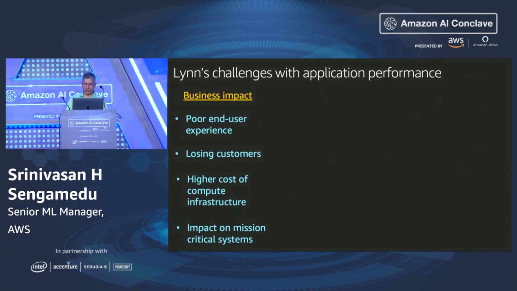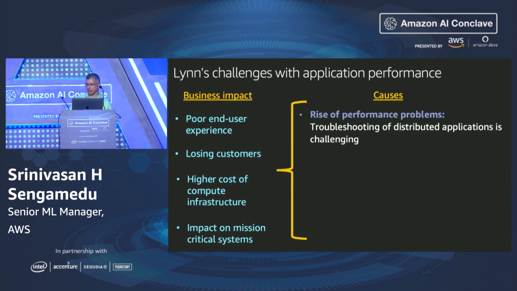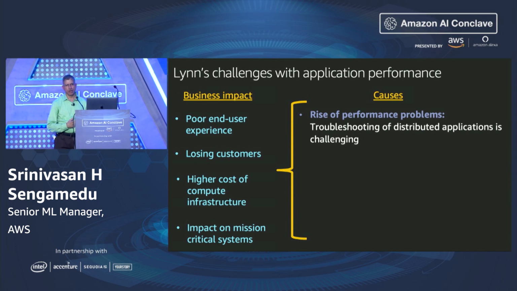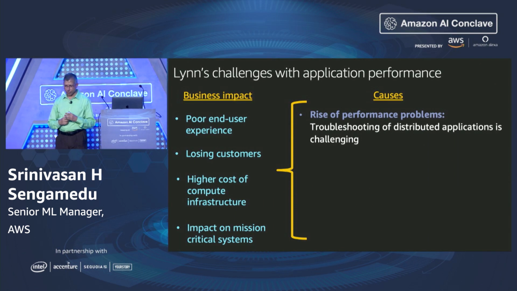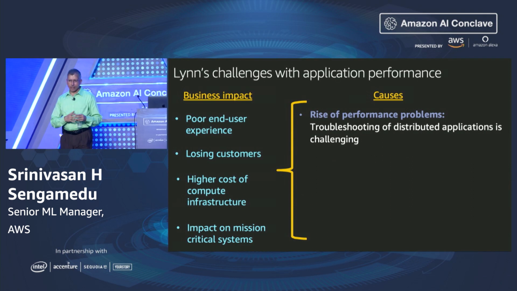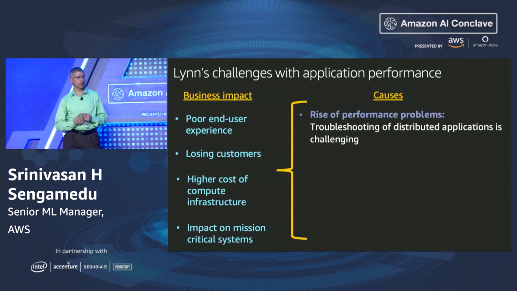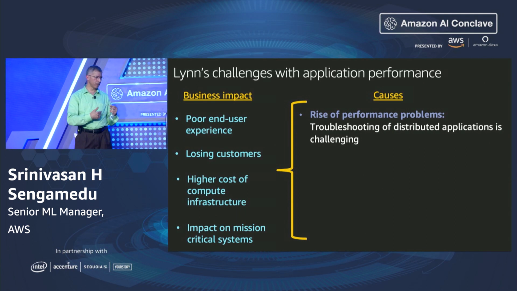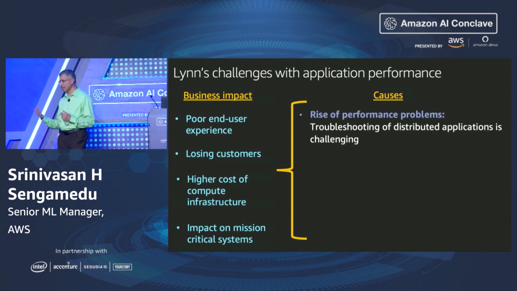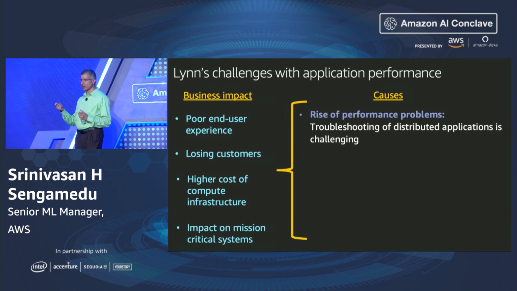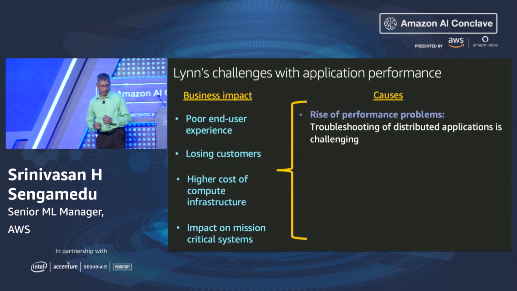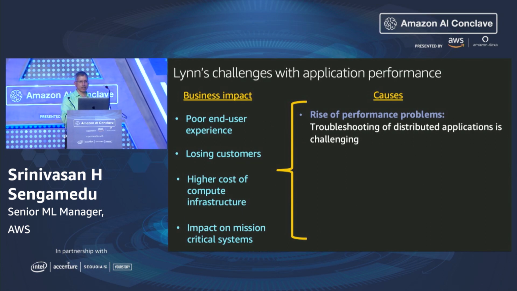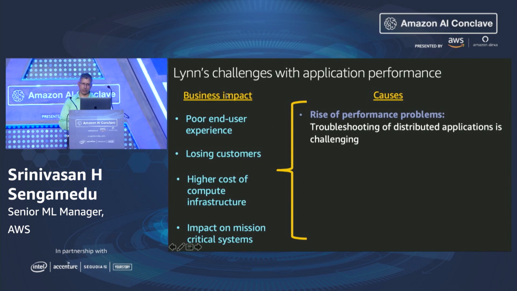Application performance is very important, and there is a rise in the type of performance problems of applications, because as people move to the cloud, distributed systems give you the ability to scale and deploy resources dynamically. At the same time, when you have problems, it becomes difficult to debug, right? Troubleshooting distributed applications is often challenging.